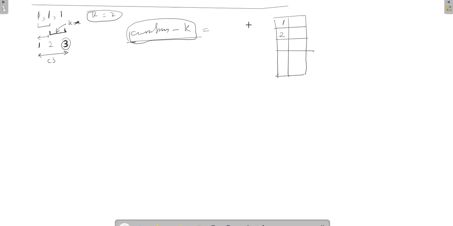Now if it does exist, when we store this cumulative sum, we are also going to store the frequency, and I will explain later why. So we got the cumulative sum, and then we got the frequency, and now we are looking into the map and we found the frequency.